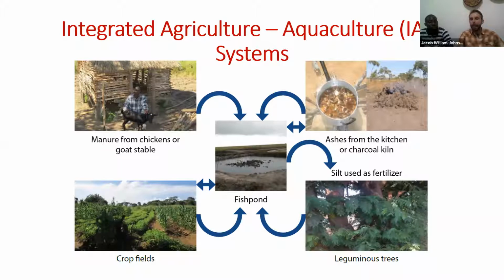In IAA, earthen ponds are integrated into the existing farm system, and wastes and byproducts from other farm enterprises are added to the pond to supply the necessary nutrients for fish production. And then in turn, aquaculture intensifies the productivity of associated enterprises, like providing irrigation opportunities for crops, and also the addition of nutrient-rich silts that can be harvested from the pond bottoms and used to fertilize crops.